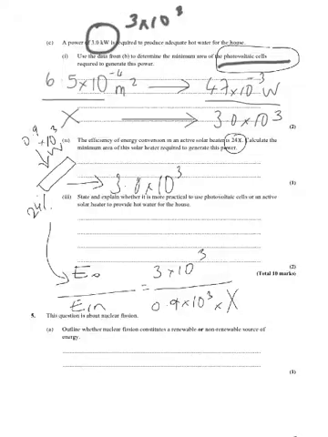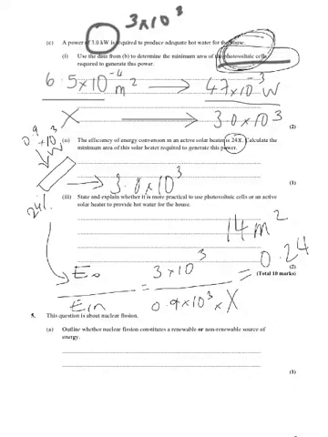So that will give you 0.24. So if you rearrange, you should get 14 meters squared. Now, what's tricky about this question is it's shifting. It's quickly gone from photovoltaic cells to a solar heater. And that's that question done.